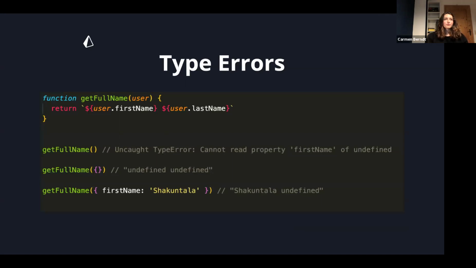Now, just before the demo, I'll talk a bit about type errors since I've mentioned them so many times. A type error is when a value in an operation is of a different type from what the code expects. So here, getFullName expects a user object with first name and last name. The problem is that with JavaScript code, these errors occur at runtime, so you have to run your code in a browser, in Node.js, or through your tests to actually discover these.